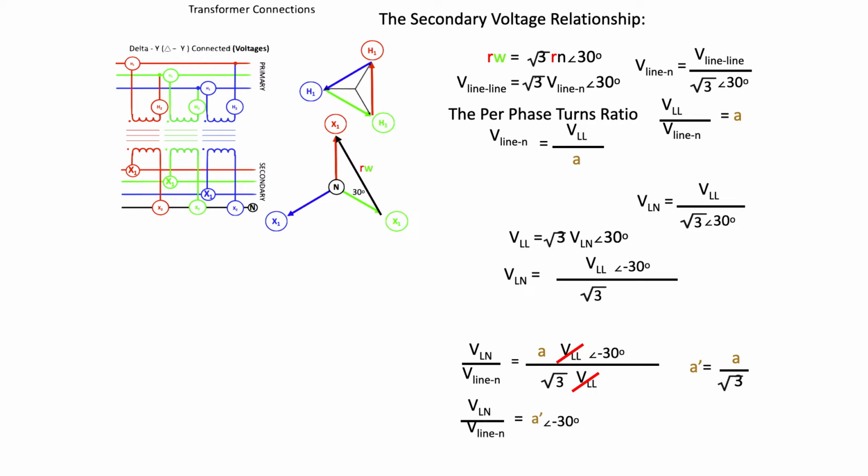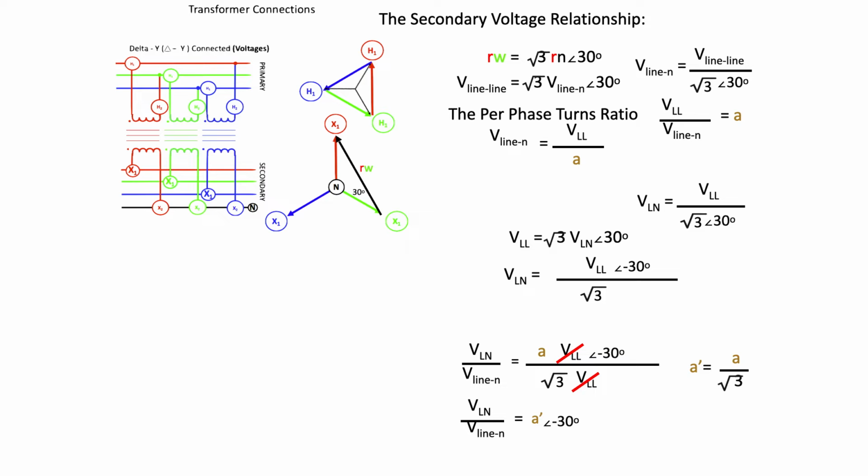I am going to make the equation even simpler by canceling out the common term in both the numerator and denominator, namely the line-to-line primary voltage, and I'm going to establish the A primed ratio, which is the turns ratio all over root 3. So our equation now becomes the line-to-neutral primary voltage over the line-to-neutral secondary voltage is equal to A primed at minus 30 degrees.